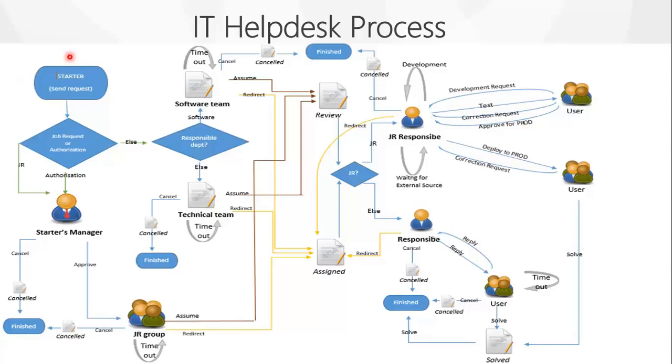As you can see, this is a pretty elaborate type of process, and we don't have enough time in this specific demo to show you everything of it. But I'm going to walk you through the process that I will be showing to you in a few minutes. A process always starts with a process starter. There's obviously a need or a ticket.